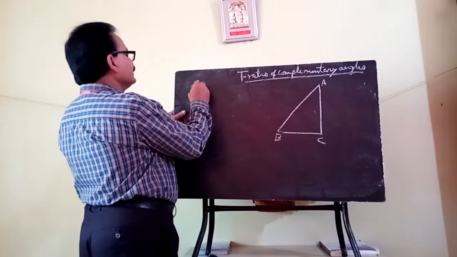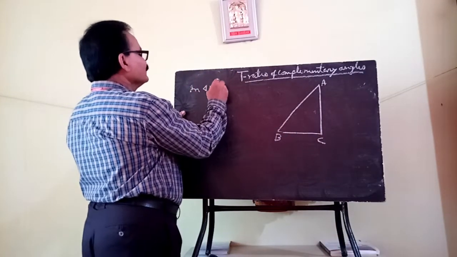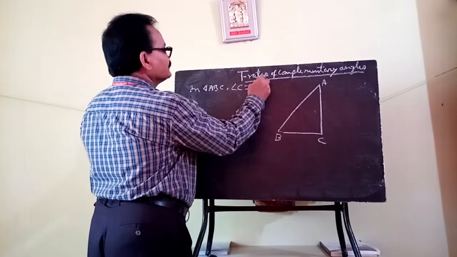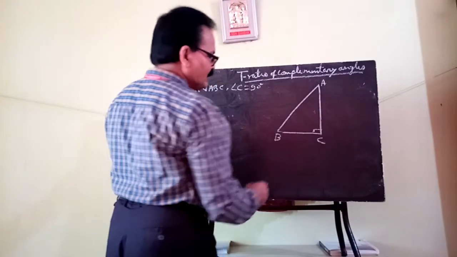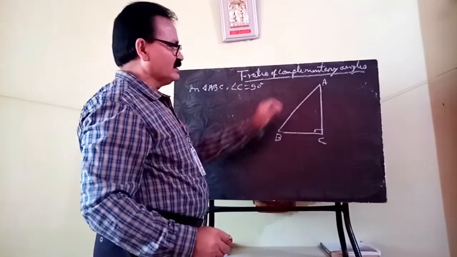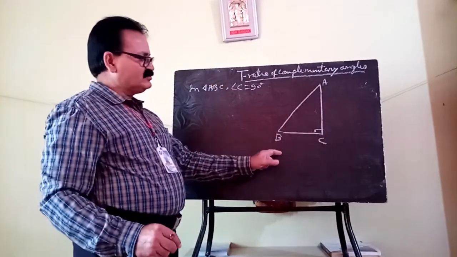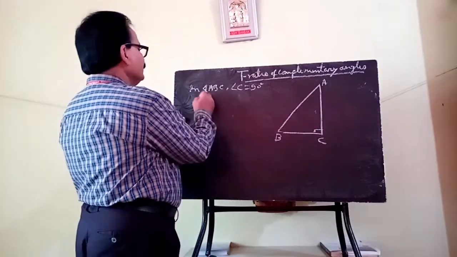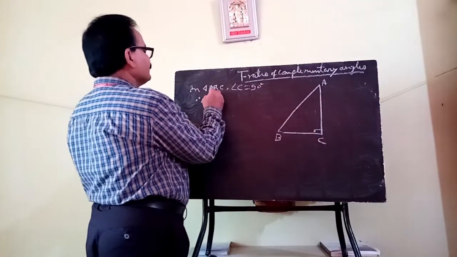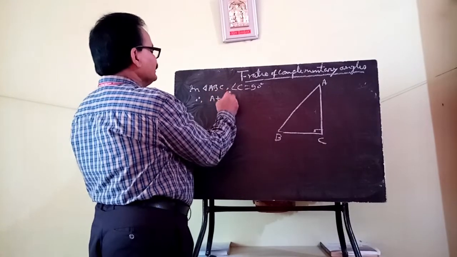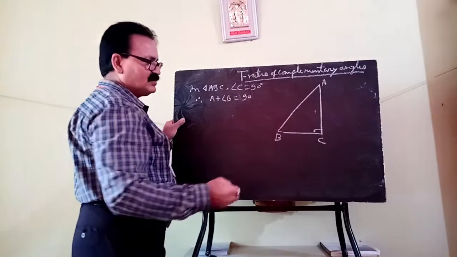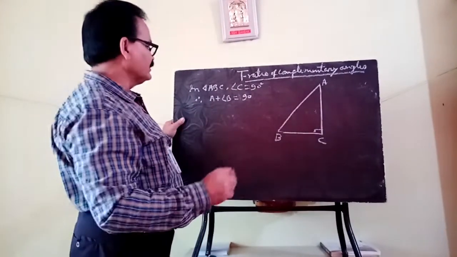Okay, in triangle ABC, say angle C is 90 degrees. So that means the sum of the other two angles, as we know the sum of all three angles is 180 degrees, so angle A plus B must be equal to 90 degrees.